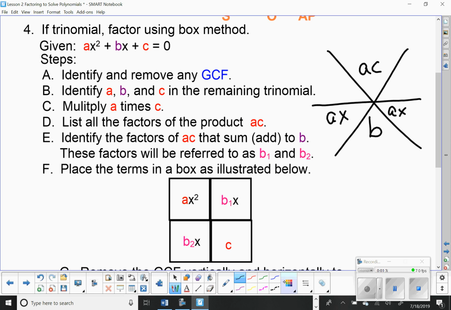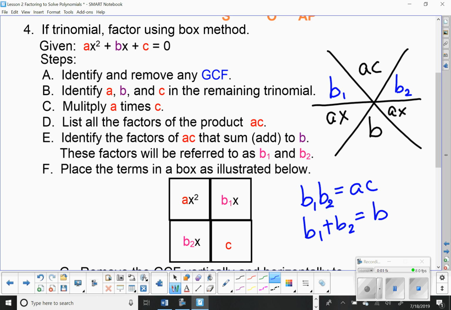Now, what comes next? You've got to find two numbers, B1 and B2, such that B1 times B2 will equal AC, and B1 plus B2 will equal B. So you're looking at all the factors of AC, finding the ones that will add up to B.